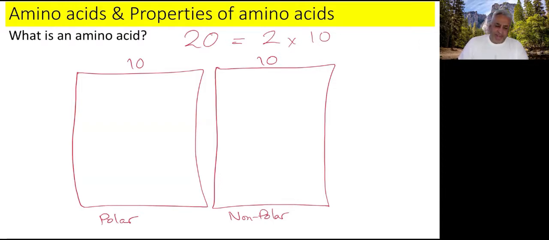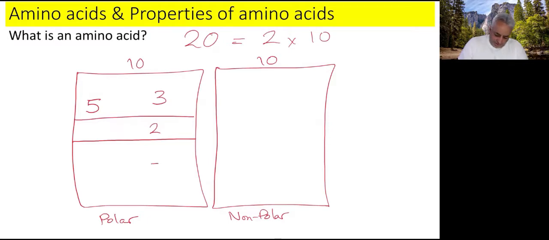Now the polar 10 can be further divided into two batches of 5. So 5 of them are ionized to a large degree. That means they're broken up into both acidic and basic amino acids. So there are 2 acidic ones and 3 basic ones.